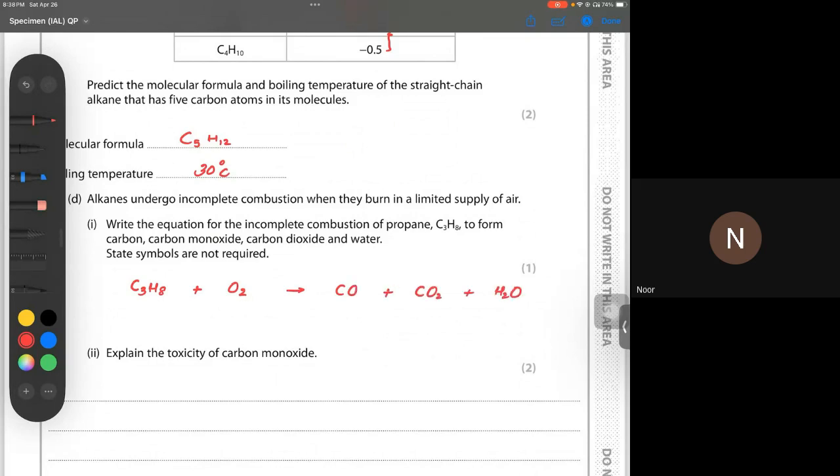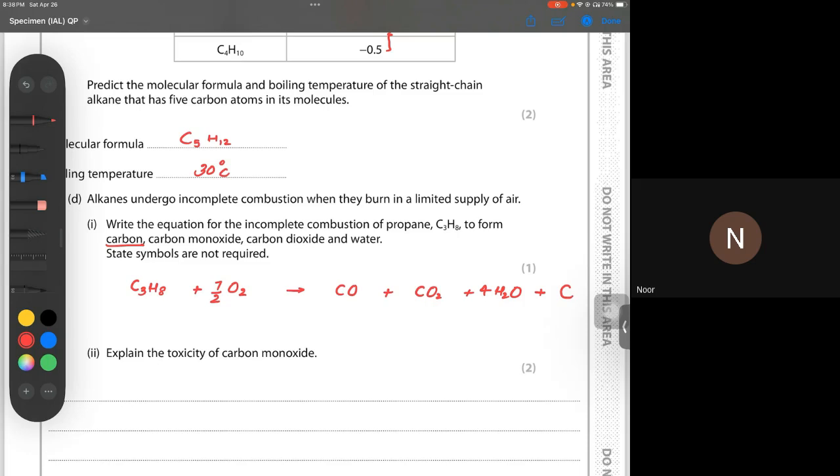Then we need to balance this equation. Carbon is balanced. Hydrogen, we have 8 hydrogens, so I write 4 water. Now the oxygen: 4, plus 2 is 6, plus 1 is 7. So I'm supposed to write 7 by 2. This is the balanced equation.